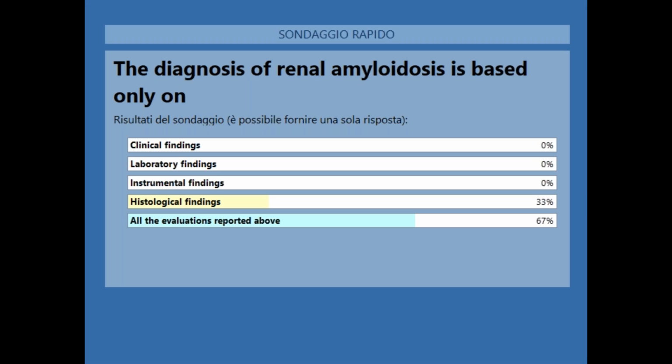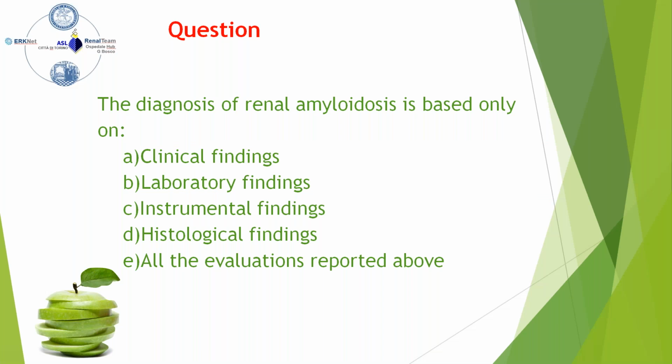The correct answer is D, but also E can be correct because, as I said, histological findings are mandatory, but also the other evaluations are important to reach a correct diagnosis and also to suspect the presence of amyloidosis.